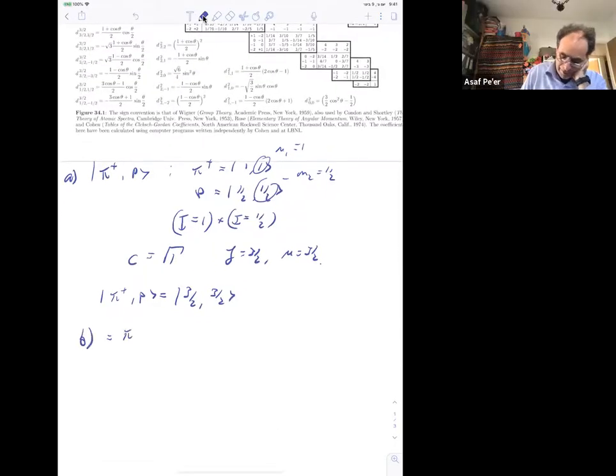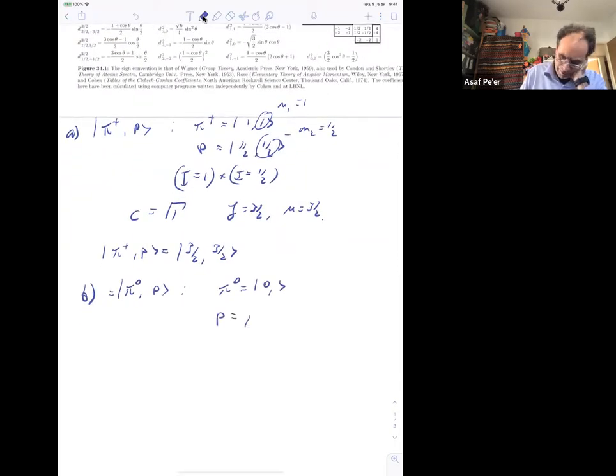So let's look at B, the pi 0 and the P. Now the pi 0 is a 1, 0. The P is 1/2.